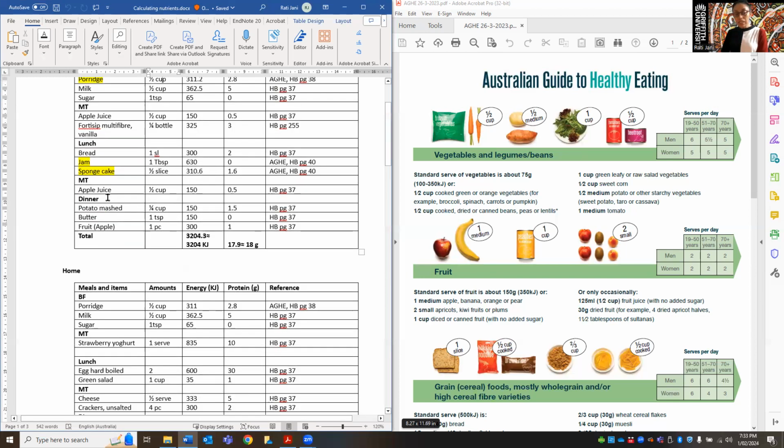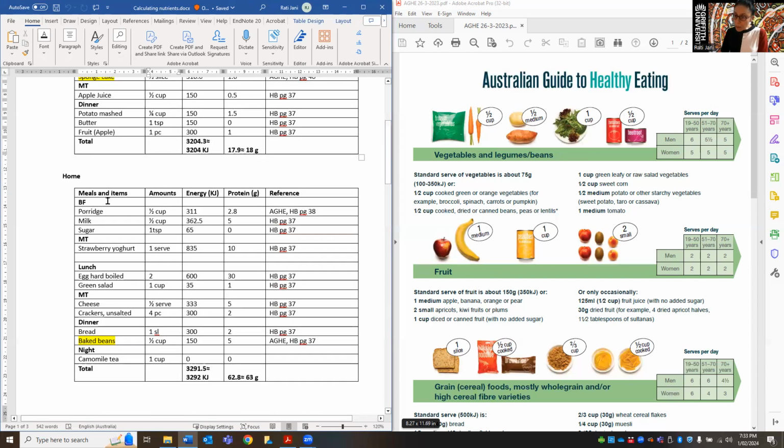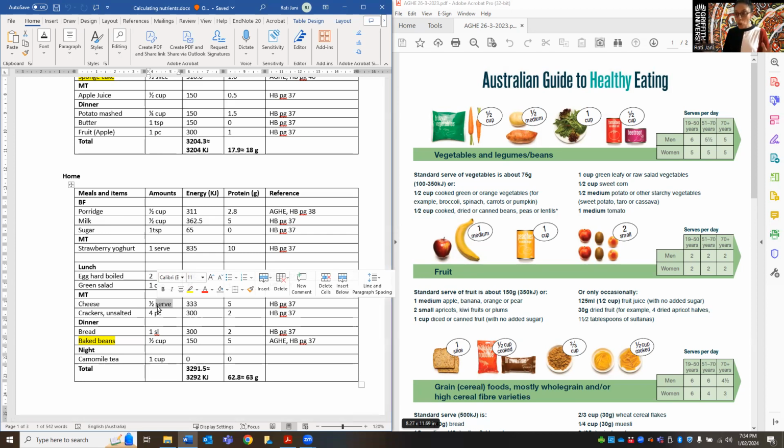Similarly, most patients talk in terms of household measurements, like half a cup, 1 teaspoon, 1 cup. Sometimes patients talk in terms of serves, and some refer to food in grams, but the majority refer to what they are eating in household measurements such as cups, teaspoons and tablespoons.